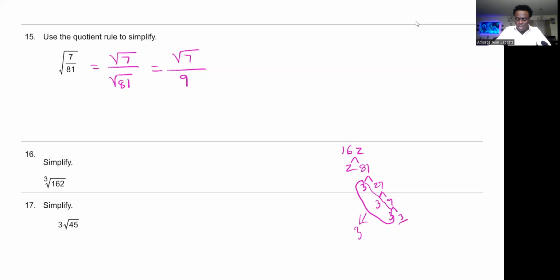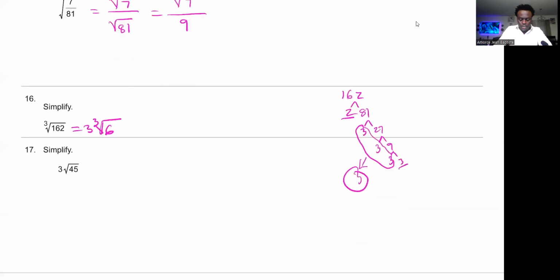This one and this one, we multiply them, and then it gives me 6. This 3 goes on the outside, and then 2 times 3 is 6. And then we're not gonna forget that it was a cube root that we were looking for. So if you don't put the index, it's going to be automatically a square root. So that's the answer.